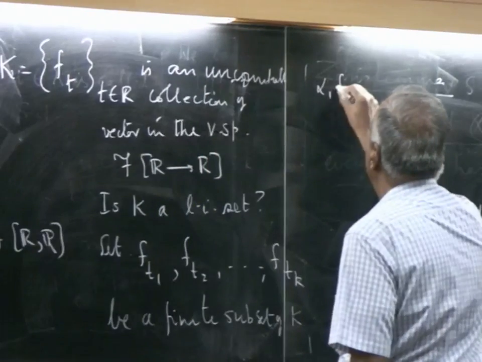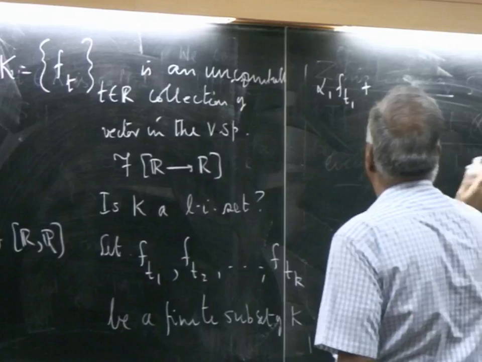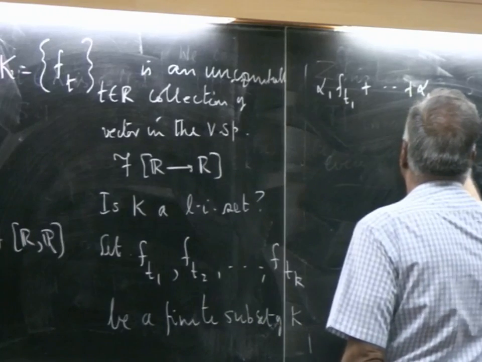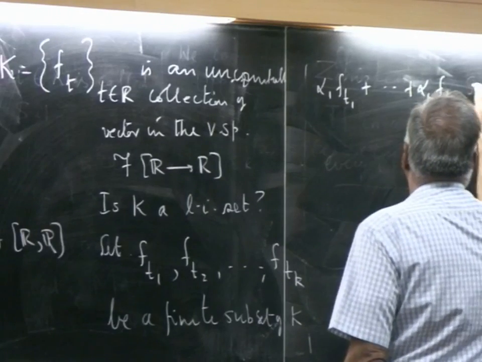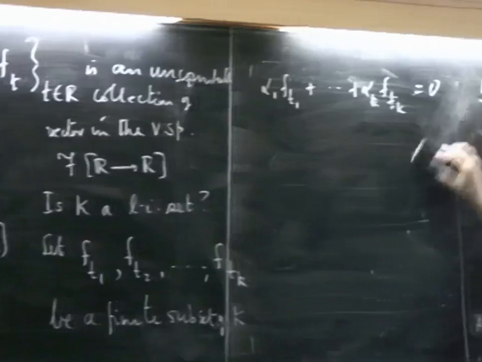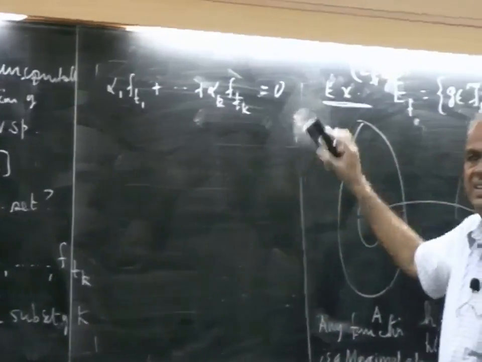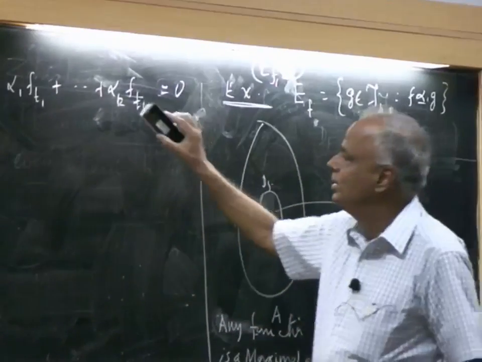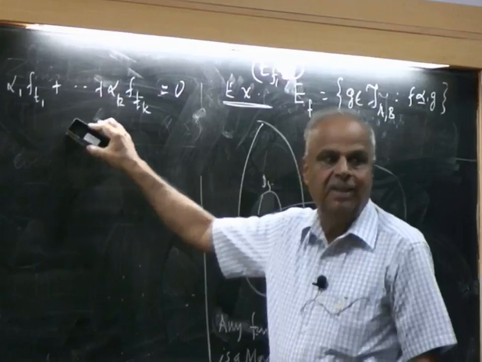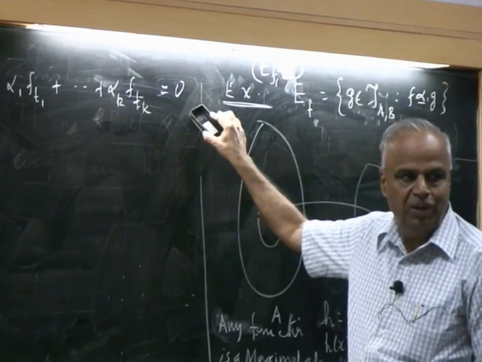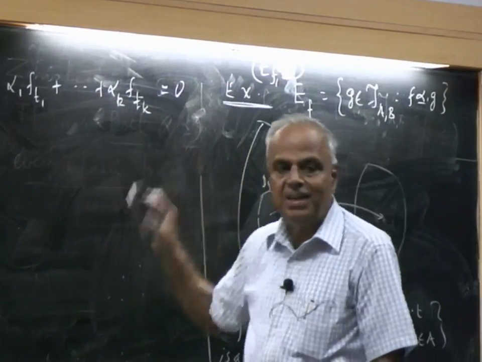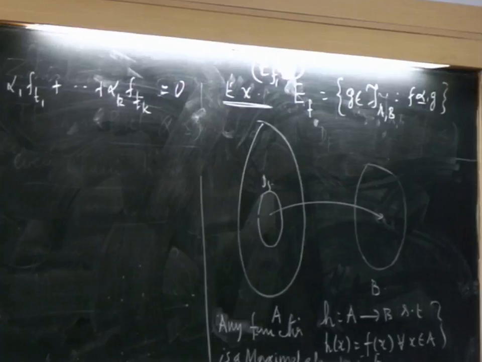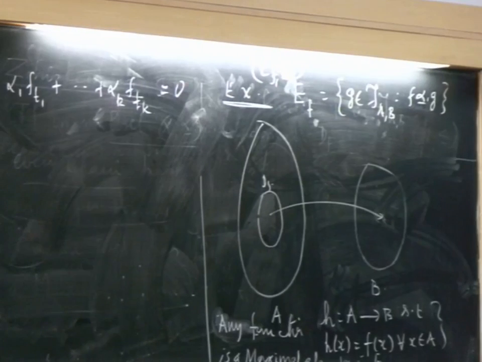So suppose alpha 1 f_t1 plus alpha 2 f_t2 plus ... plus alpha k f_tk is the zero function. What does this mean? The right hand side is a function which takes the value 0 for all x, and the left hand side is also a function.